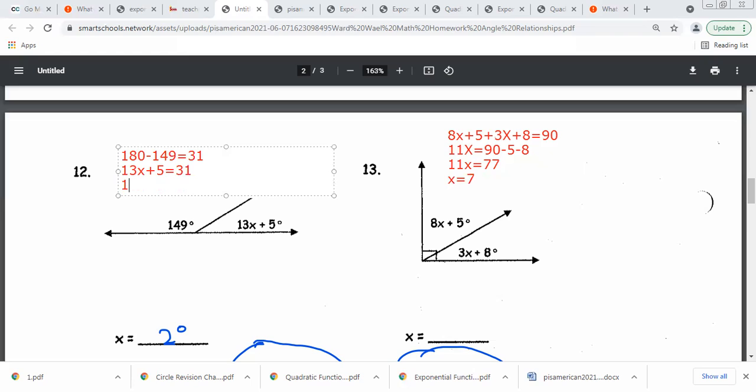Now 13x equals 31 minus 5, which equals 26. Now we divide both sides by 13, then x equals 2.